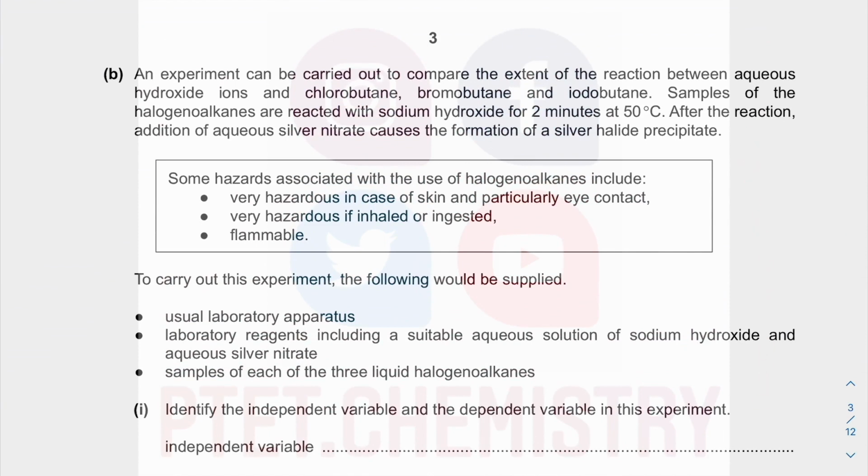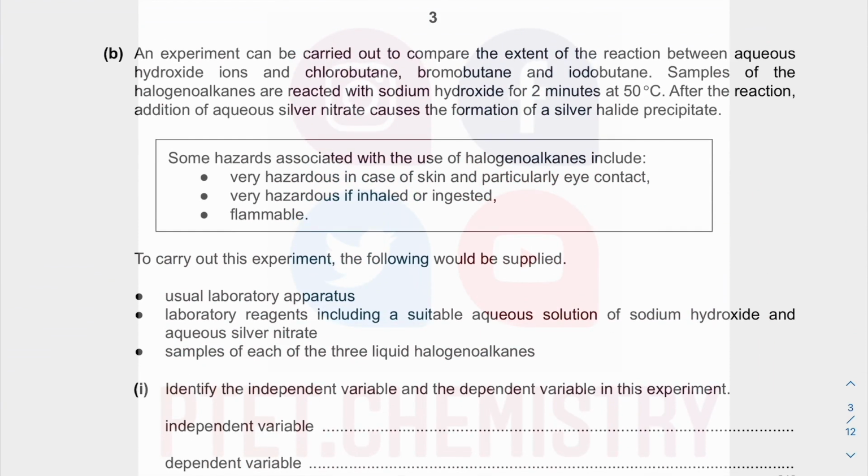So imagine you doing it, and then you carry out an experiment to compare the extent of the reaction. So you react the different halogenoalkanes with your hydroxide ions. You take it out to react with sodium hydroxide for 2 minutes at 50 degrees Celsius. This is probably to make the reaction more rapid. After you react with sodium hydroxide for 2 minutes, then you add silver nitrate.